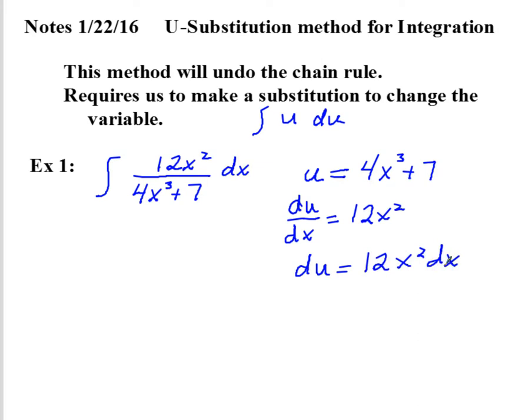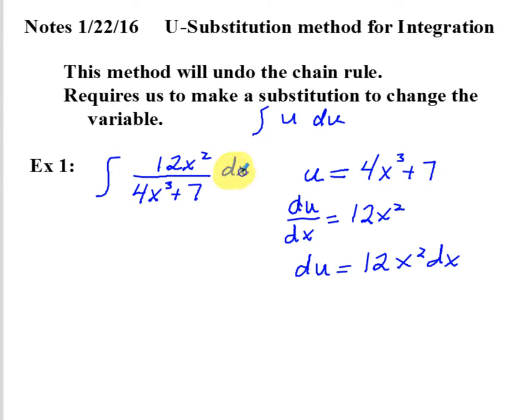Alright, looking at the original problem. The goal here is to have everything in this problem be in terms of u and du, so there are no more x's anywhere. Okay. The next step after you have this written in differential form is we need to figure out what dx is equal to.